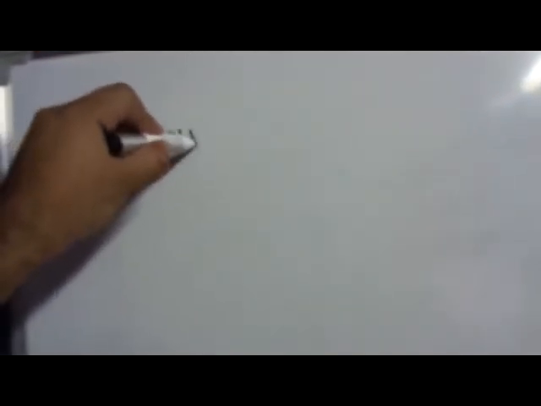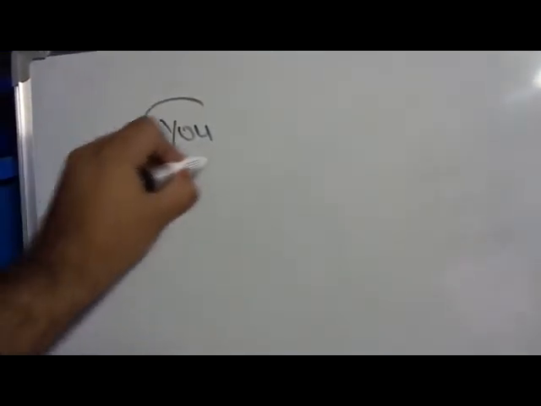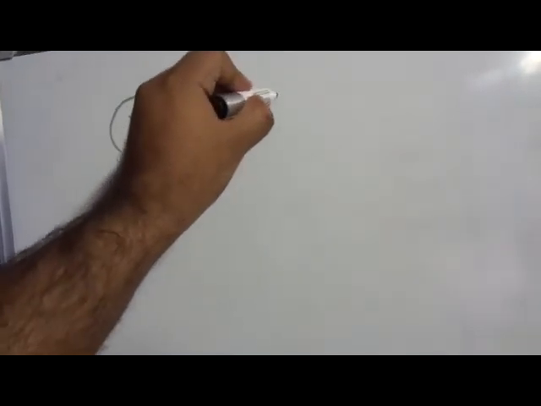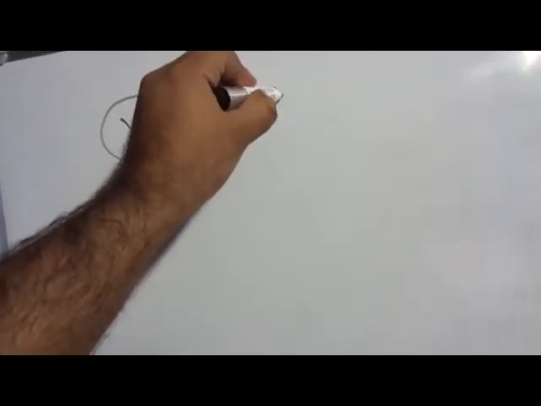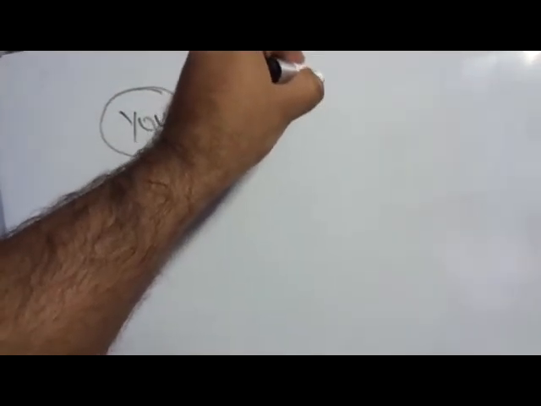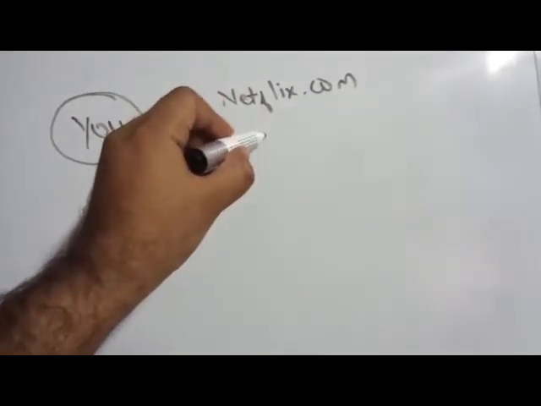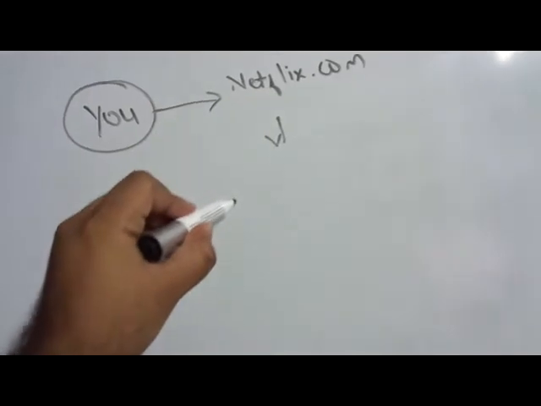Alright, so this is the whiteboard here. Essentially, this is how it works. You resolve netflix.com, which in turn resolves to some IP address.